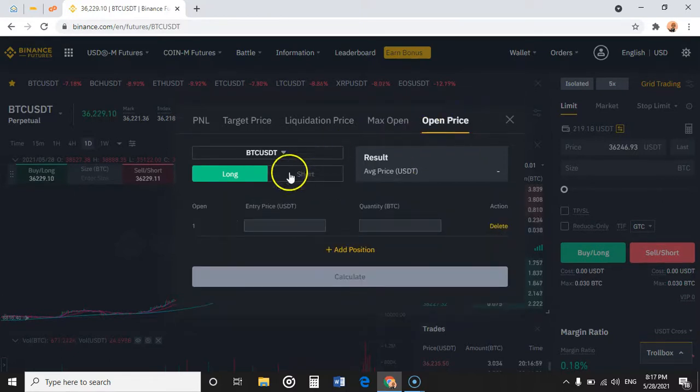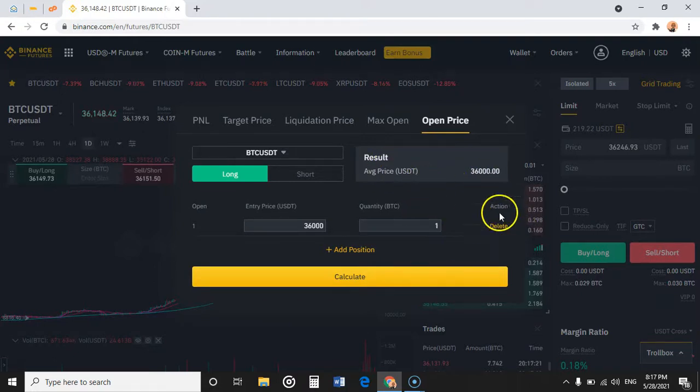Then for open price, you can come here. Okay, make the entry $36,000. Okay, the quantity is going to be 1. Okay, then calculate again. Okay, so this is going to be the entry. Okay, these are the results.